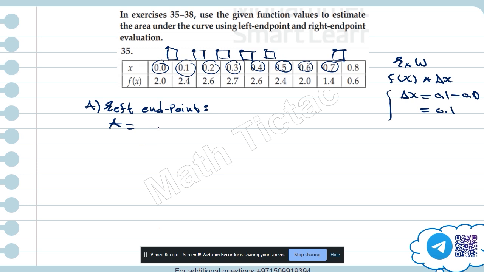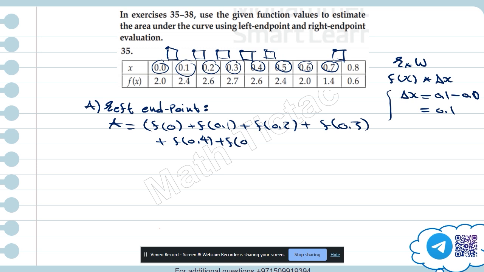So it will be the summation of f of 0 plus f of 0.1 plus f of 0.2 plus f of 0.3 plus f of 0.4 plus f of 0.5 plus f of 0.6 plus f of 0.7, and here I will stop and close the parentheses, and this is multiplied by 0.1.